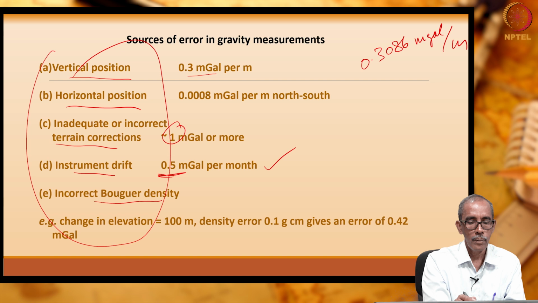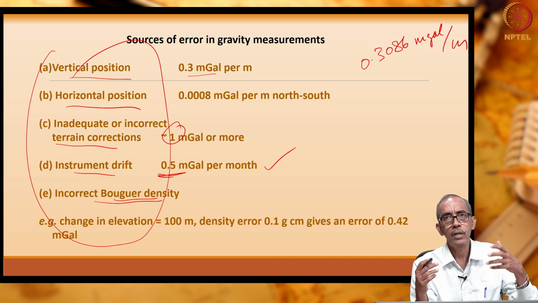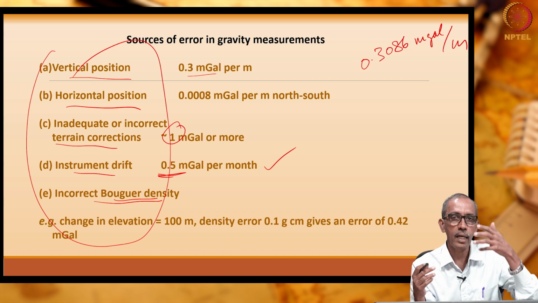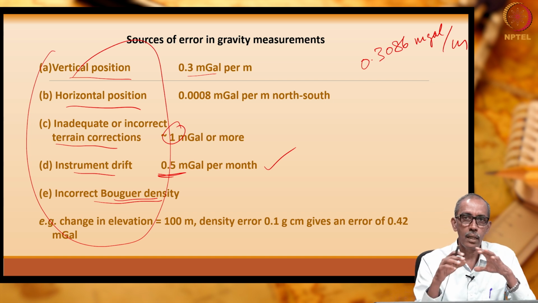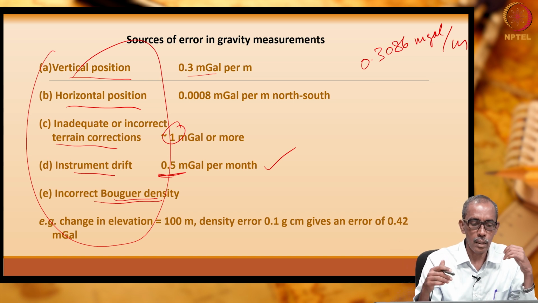Then in Bouguer correction, we have to assign the density. Density of the subsurface is difficult to estimate, isn't it? But we are approximately assigning it based on maybe 1 or 2 tests we can carry out. We can collect samples, but we do not know whether the density is the same everywhere or not.